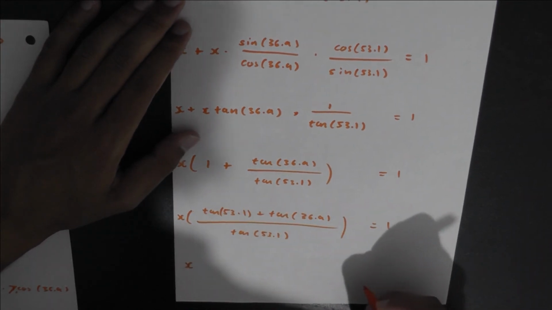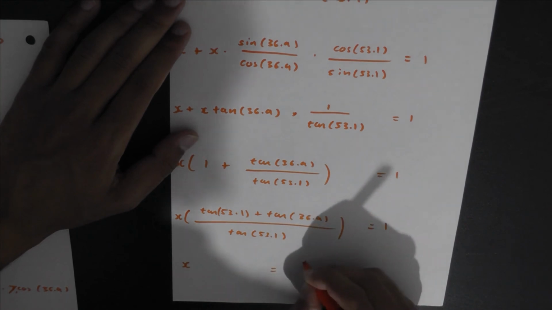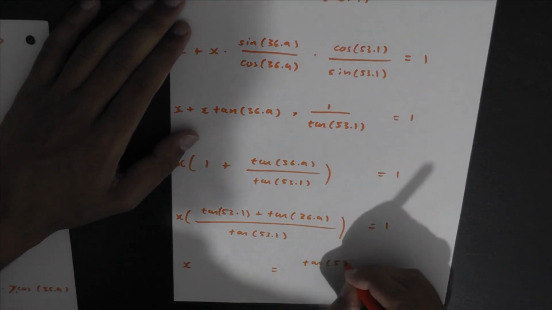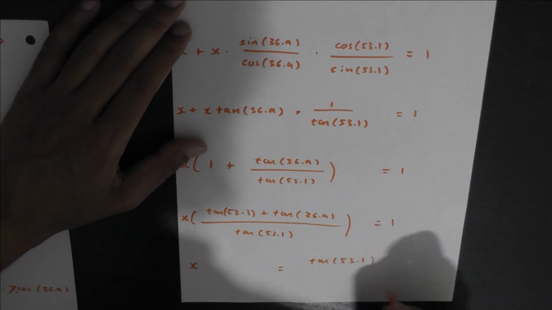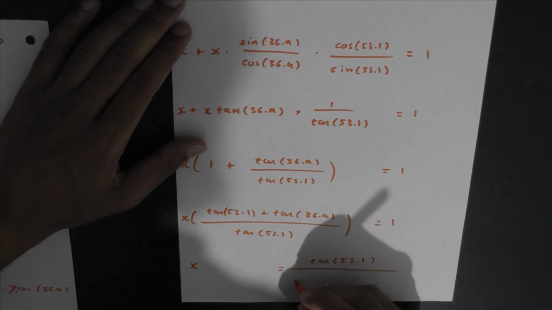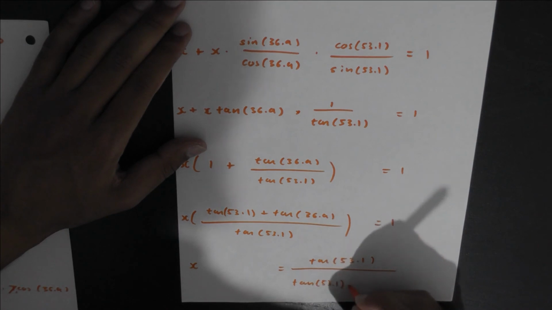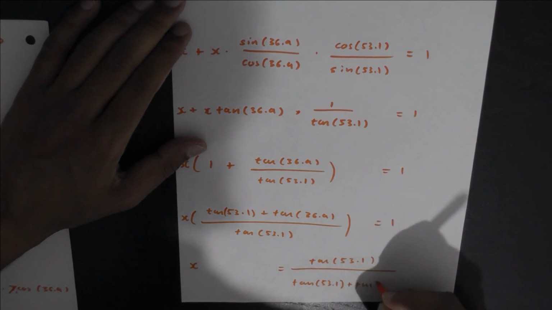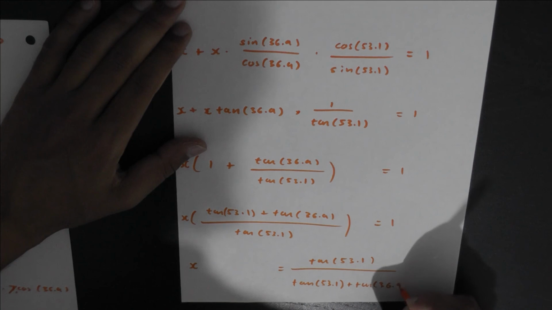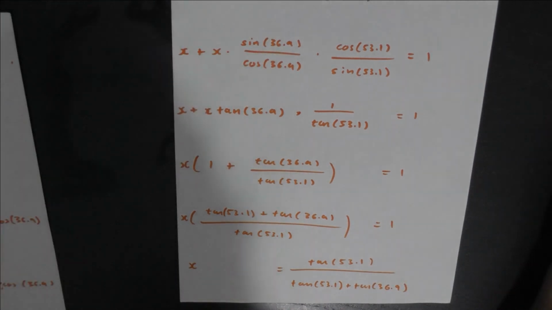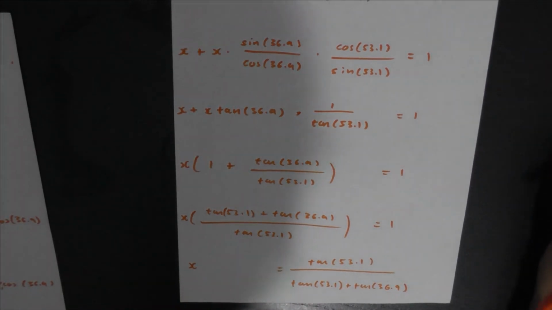So we flip the fraction upside down, and x equals tan 53.1 over tan 53.1 plus tan 36.9.